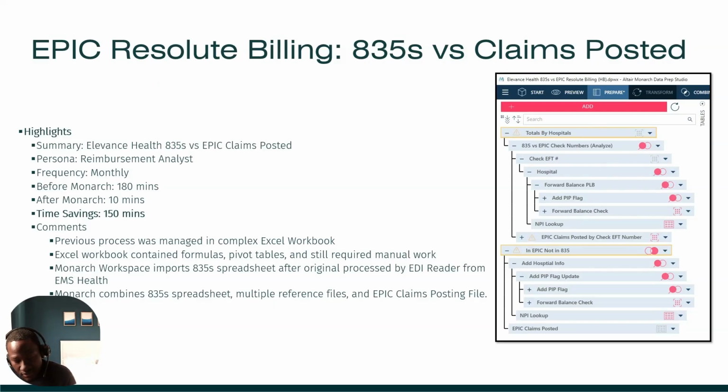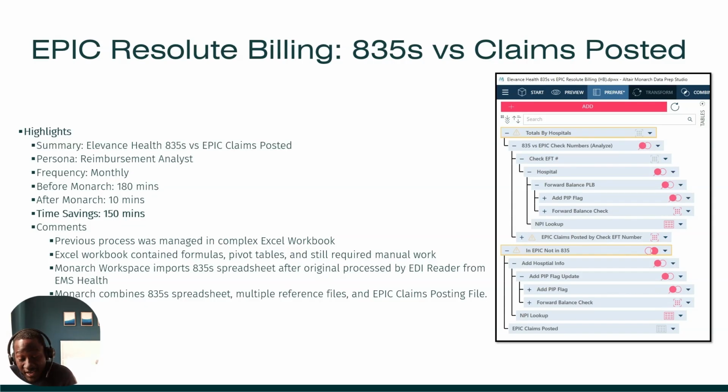In this situation, it was Elevance Health. So they would get these 835 files from the insurer, and they wanted to take those 835 files and compare them against what was posted in their Epic EHR system, and basically reconcile them.